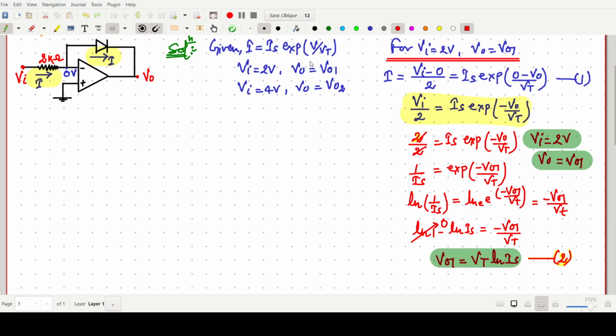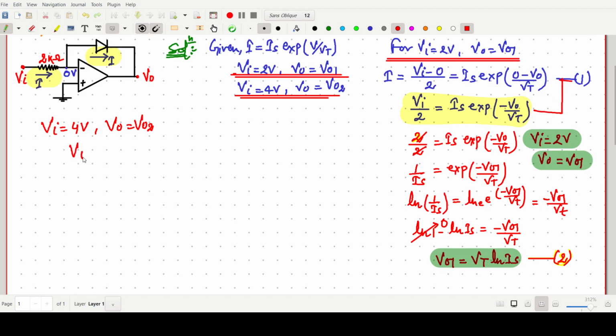Now we have to consider the second case. This case is over now. Now we have to take care of this second case. So for the second case, when Vi equals to 4 volt, we are saying V naught equals to V naught 2. So we can directly use this expression, equation number 1.